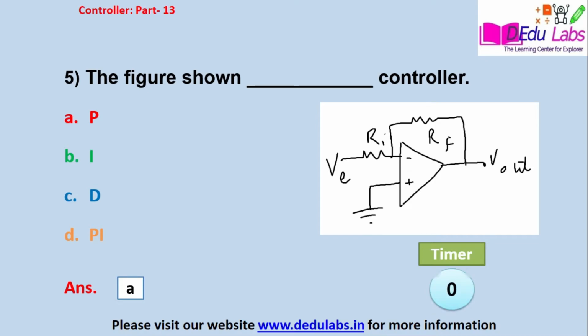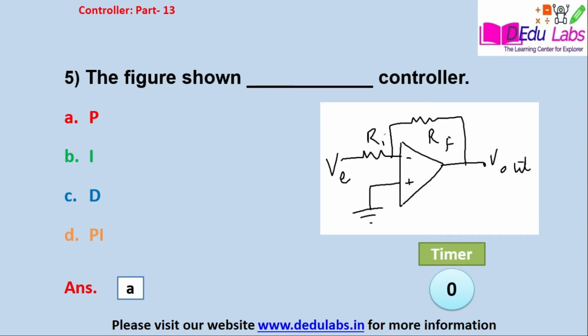So when we solve the equation of the operational amplifier, V output is equal to minus RF upon R1 into VE. This minus sign is due to the inverting terminal, because we have connected RF, R1 and VE to the inverting terminal.